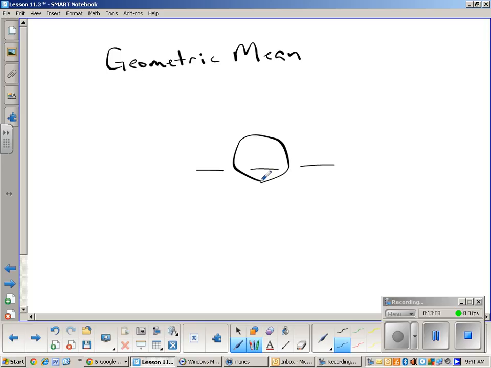Today, if I have these first and third terms and want the middle term, the geometric mean is going to be equal to the square root of the product of 0.1 times 0.3. So it's the product of the 2 numbers, and then the square root of it will give me the geometric mean.